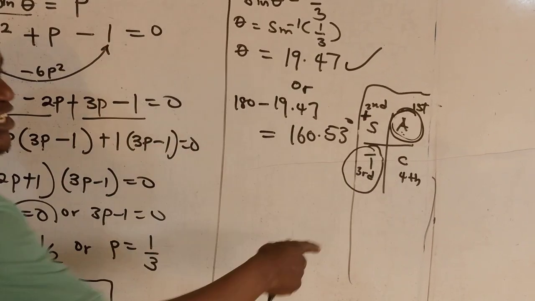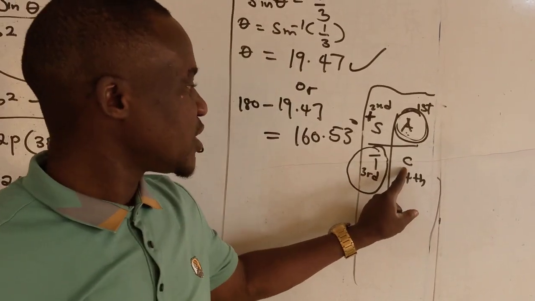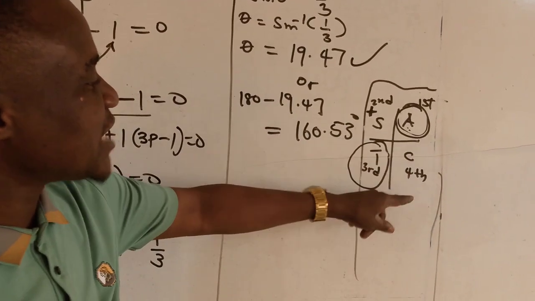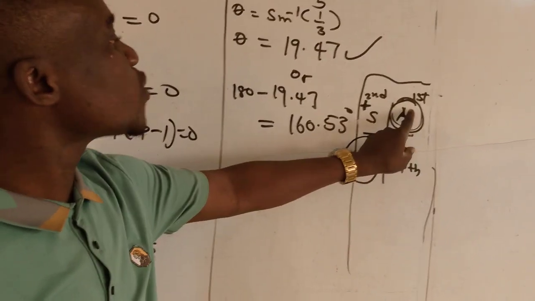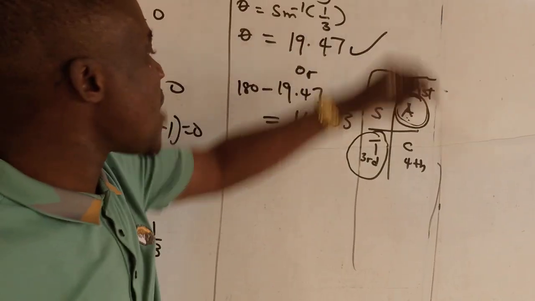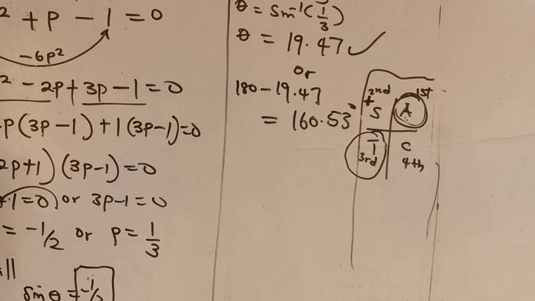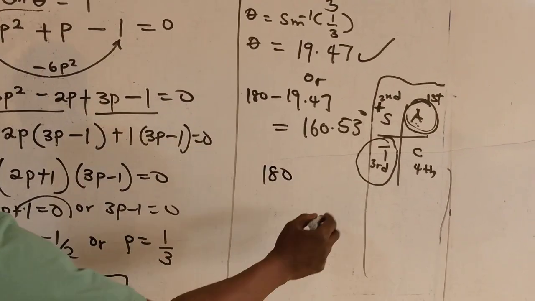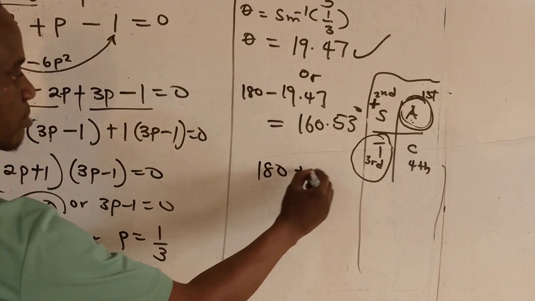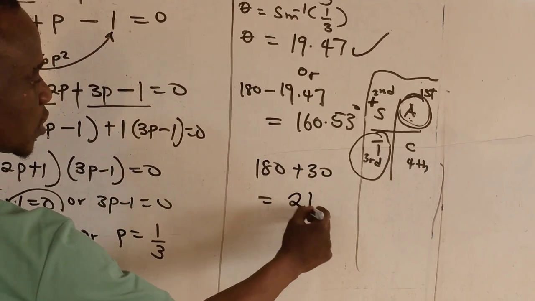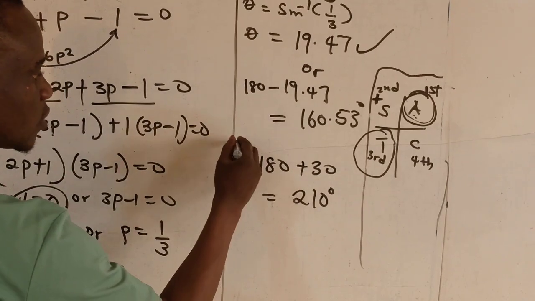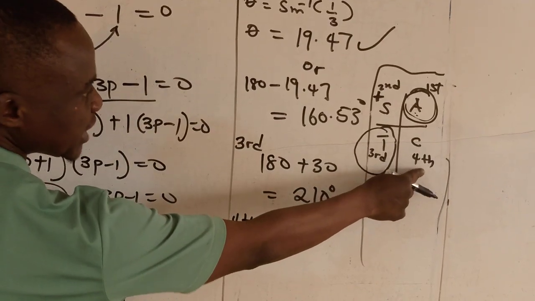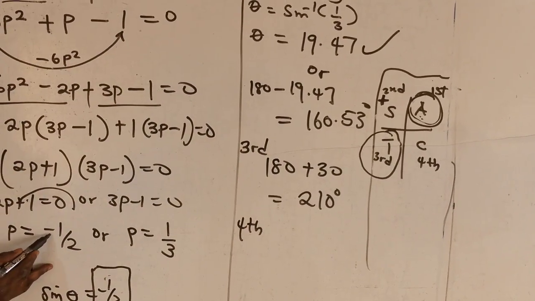In the fourth quadrant, only cosine is positive, which means sine and tangent are negative. In the first quadrant, all of them are positive. We got 30 degrees, so our answer here will be 180 plus 30, which gives me 210. That is in the third quadrant. Then in the fourth quadrant, where sine is also negative because of the negative half, the formula is 360 minus theta.